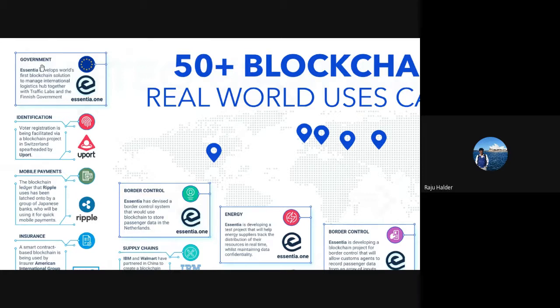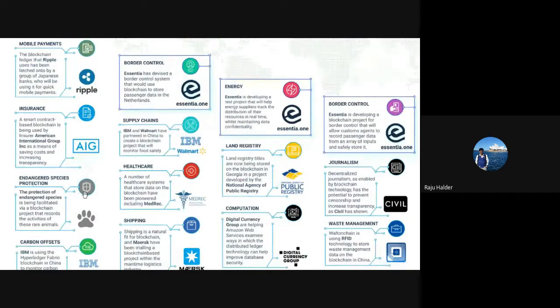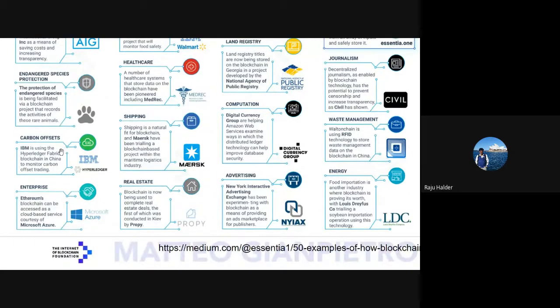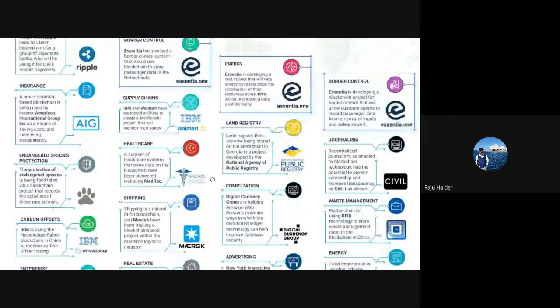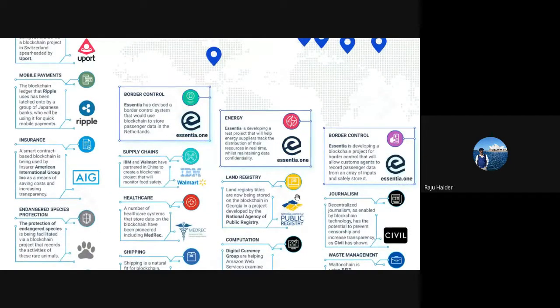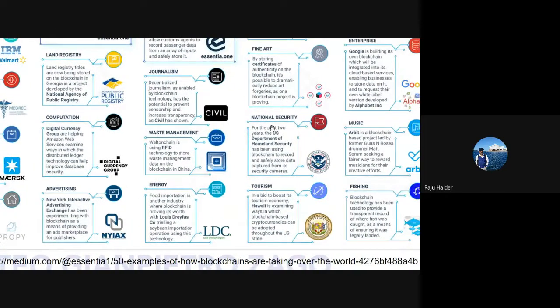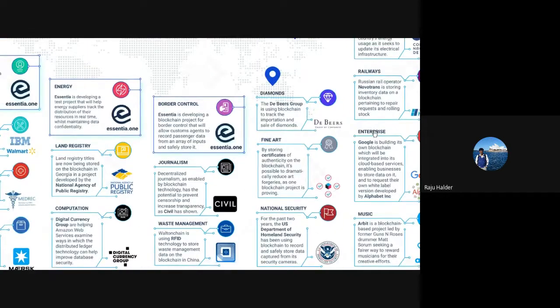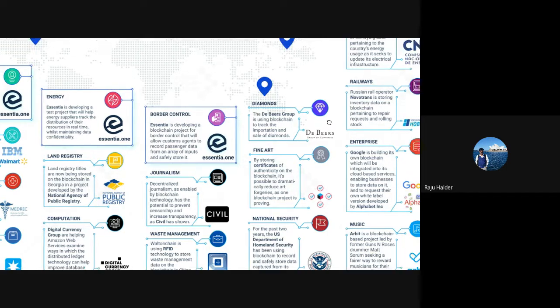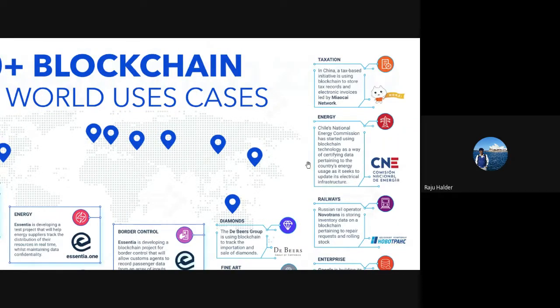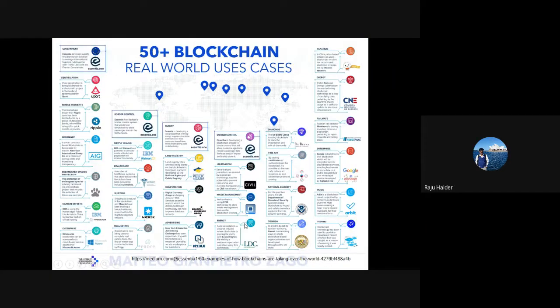For example, e-governance, identification management, payments, insurance, endangered species protection, carbon offsets, enterprise, real estate, shipping, healthcare, supply chain, border control, energy, land registry, computation, advertising, tourism, national security, music, fishing, journalism, diamond business, railways, taxation. So everywhere. This is not the exhaustive list, but you can find more beyond this.